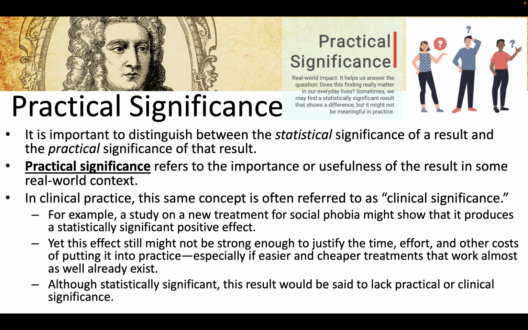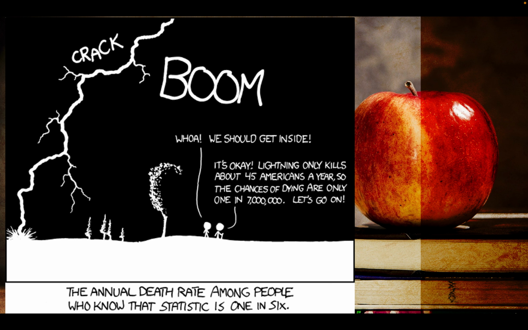Yet this effect still might not be strong enough to justify the time, effort, and other costs of putting it into practice, especially if easier and cheaper treatments that work almost as well already exist. Although statistically significant, this result would be said to lack practical or clinical significance.